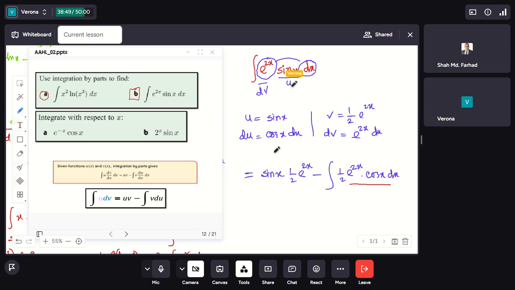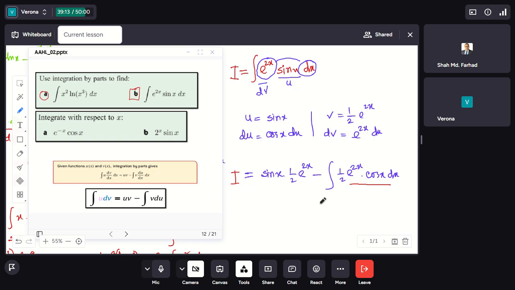You have to apply integration by parts twice. So in this case, we let the given integral be I. So the value of I is this, right?